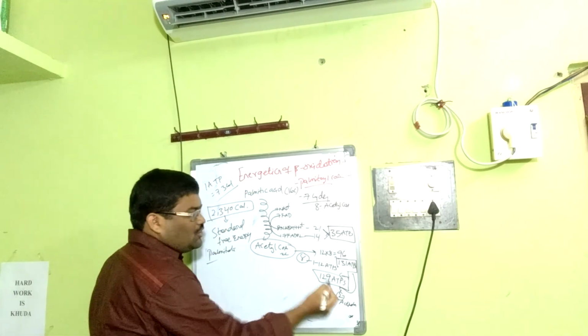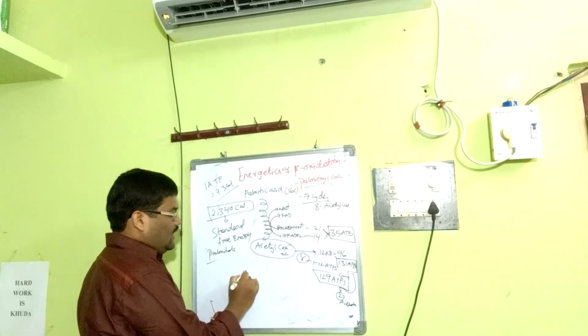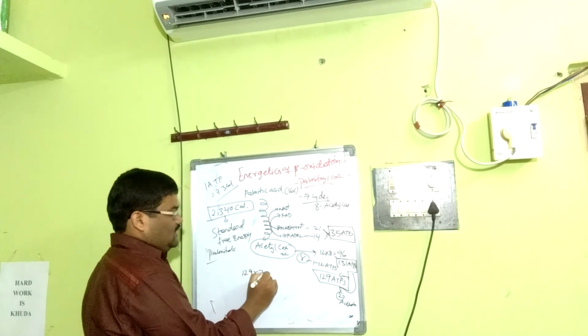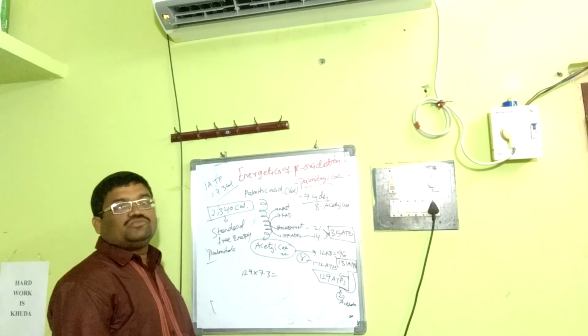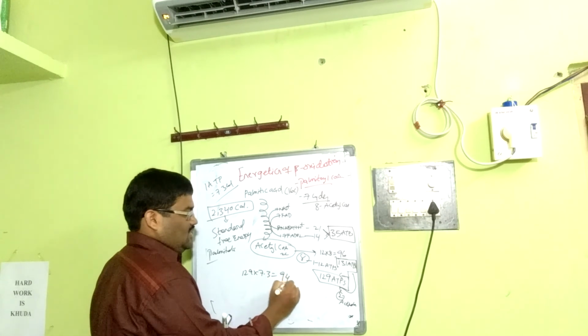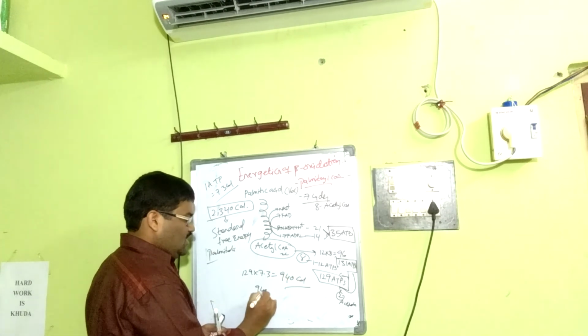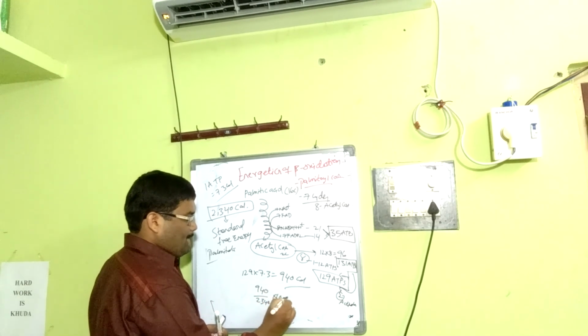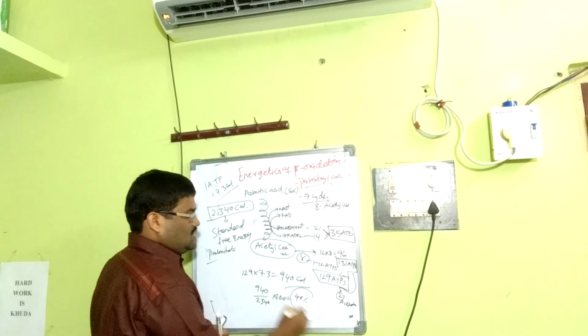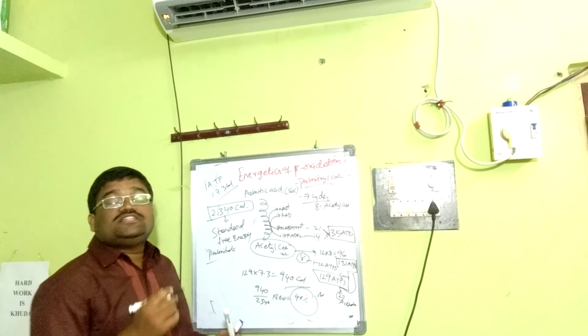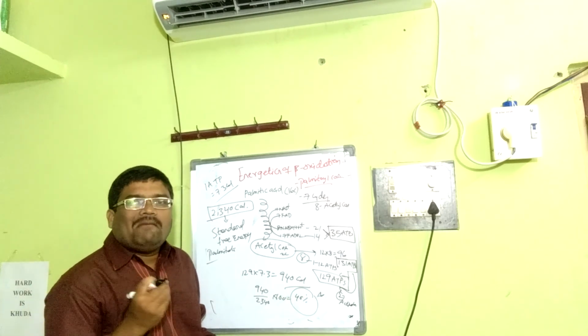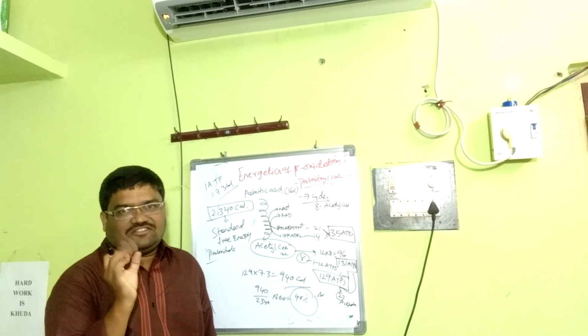We got 129 ATPs, 129 into 7.3, we got 940 calories. Calculate the energy efficiency. So 940 by 2340 into 100 is 40%. The energy efficiency of palmitic acid is just 40%.